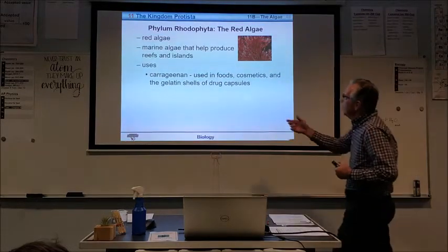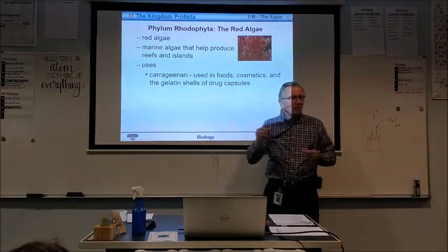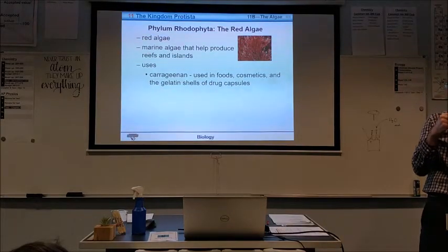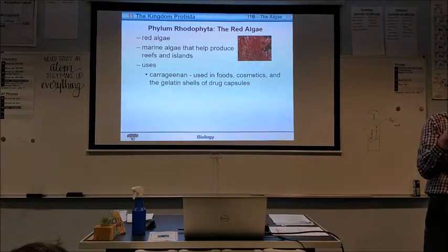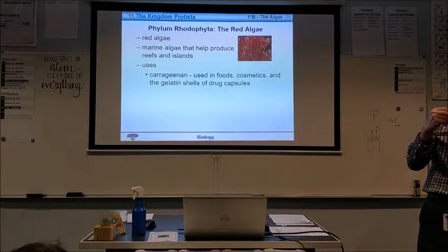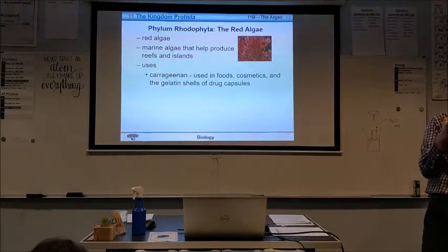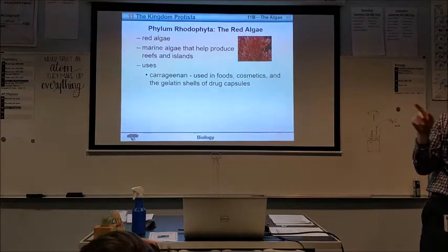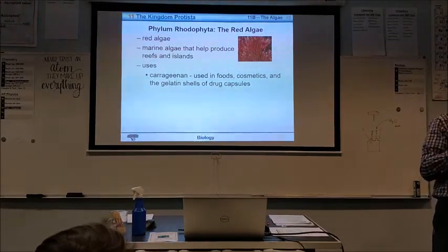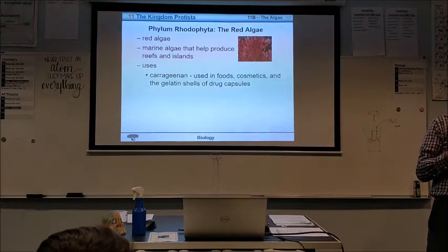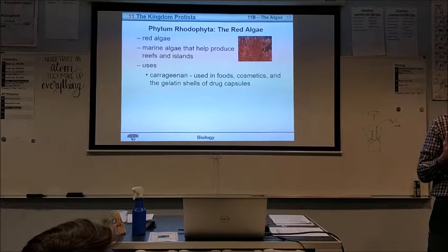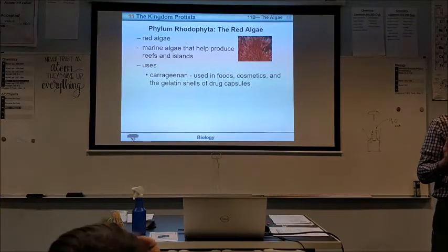Here's a part that maybe you've experienced. Have you ever taken pills, little capsules that have powder or medicine on the inside? You can actually pull the two halves apart sometimes. That shell on the outside is made out of that, and your body can soften it up in your stomach and release the medicine.